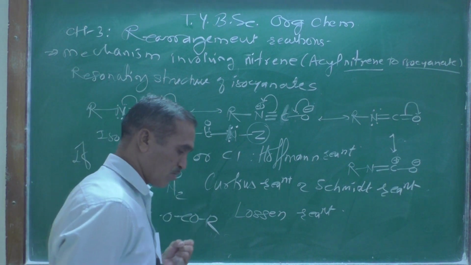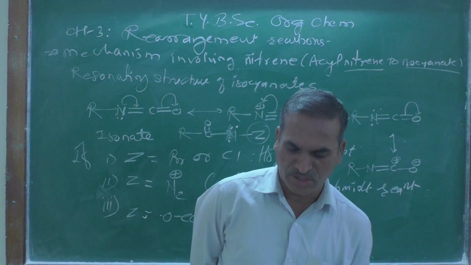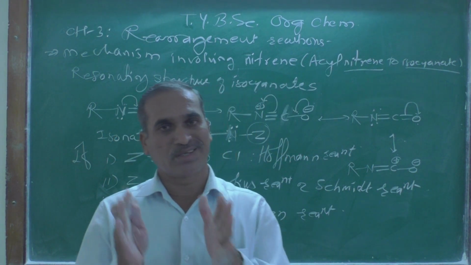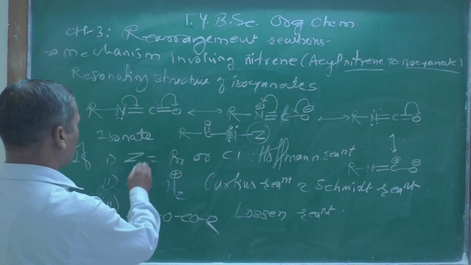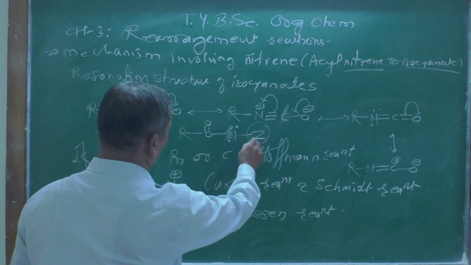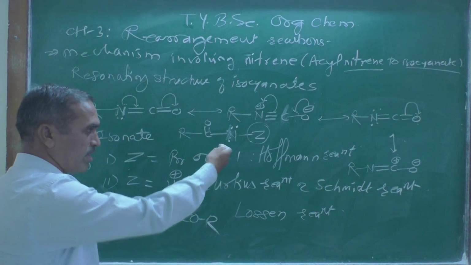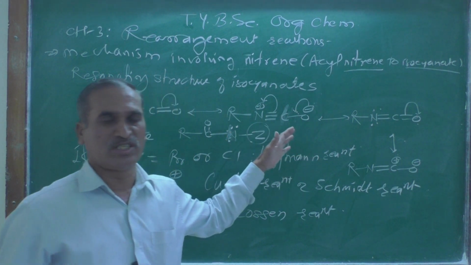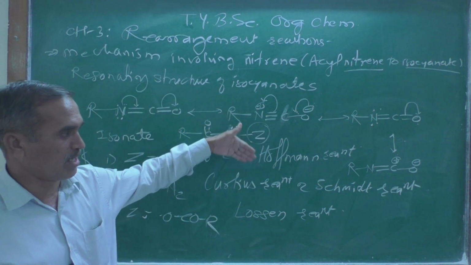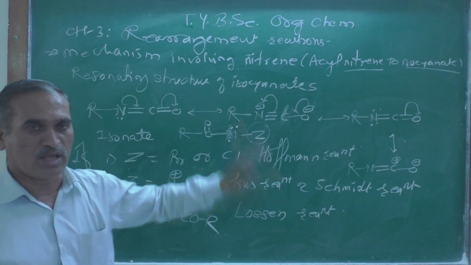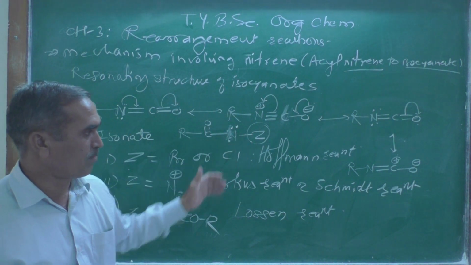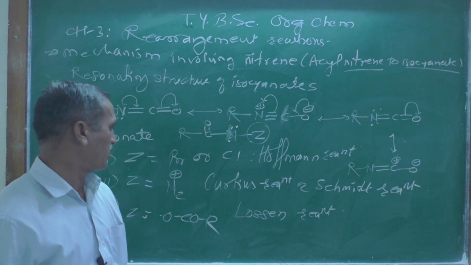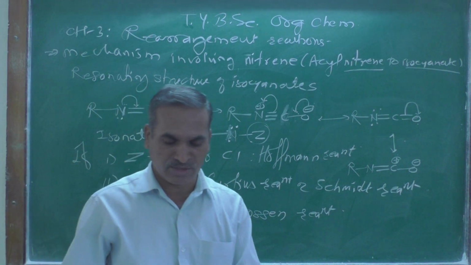How they are useful, how they are industrially applicable, we will see later on. But here just remember, by changing this group to different groups, we get different named reactions, and all these named reactions were discovered by different scientists, and therefore the name is given to them. The reactions are the Hofmann rearrangement, Curtius rearrangement, Schmidt rearrangement, and Lossen rearrangement.